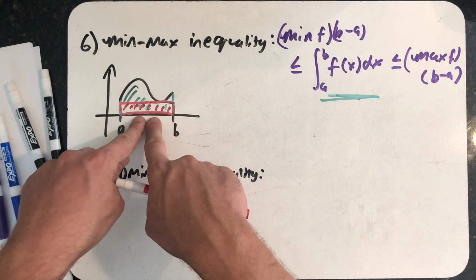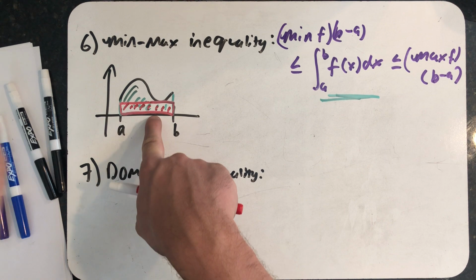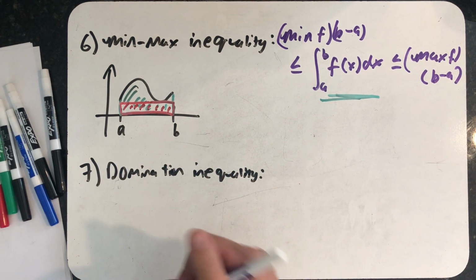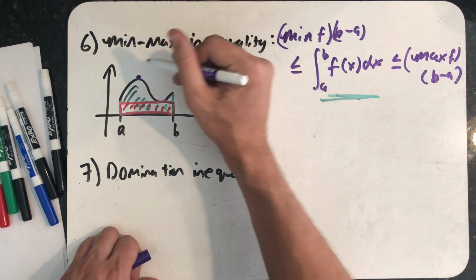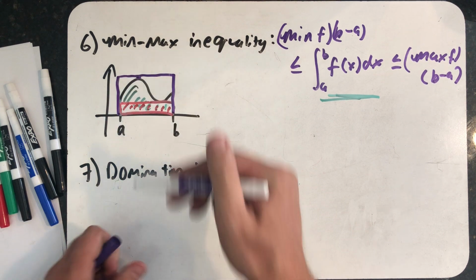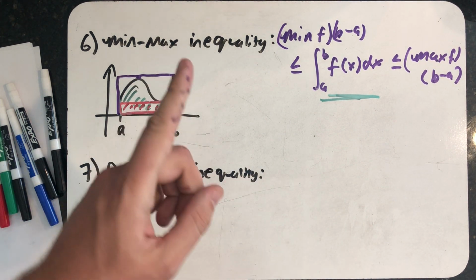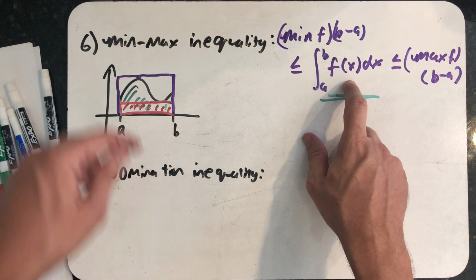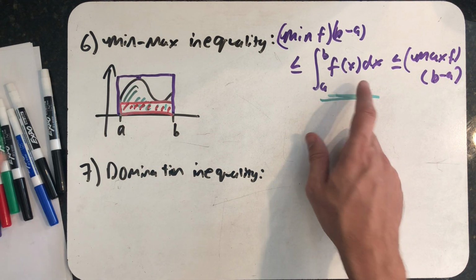One way I like to think about this is the one rectangle lower sum. The maximum value of f right here times b minus a would be the area of this much larger rectangle, which would be the one rectangle upper sum. The true definite integral is definitely between those two values.